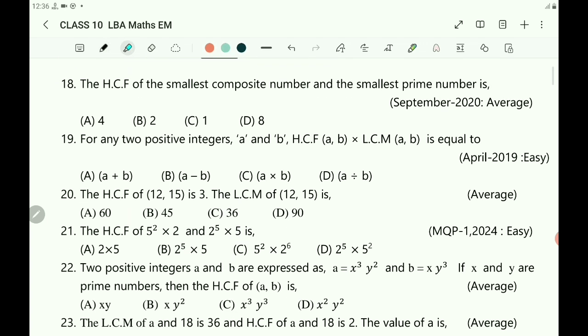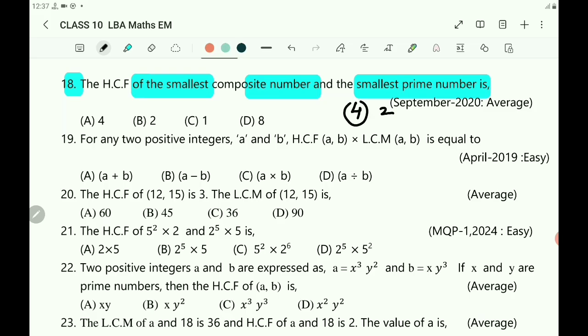Next you take question number 18. The HCF of the smallest composite number and the smallest prime number is? Which is the smallest composite number? The smallest composite number is 4 and the smallest prime number is 2.